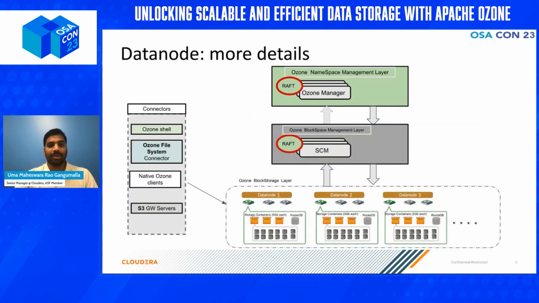If you look at the data node structure a little closer, the containers have a bunch of blocks, but each container is logically grouped as a single entity and reported to the SCM. The locations of these containers are in different data nodes underneath and are tracked by the SCM. The Ozone Manager pings the SCM to get the actual locations on the fly, based on requests from the clients.